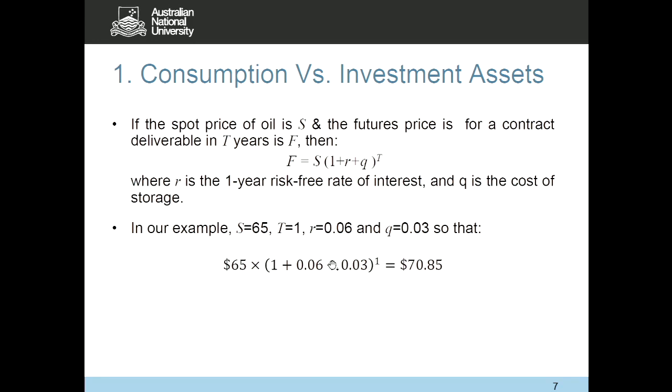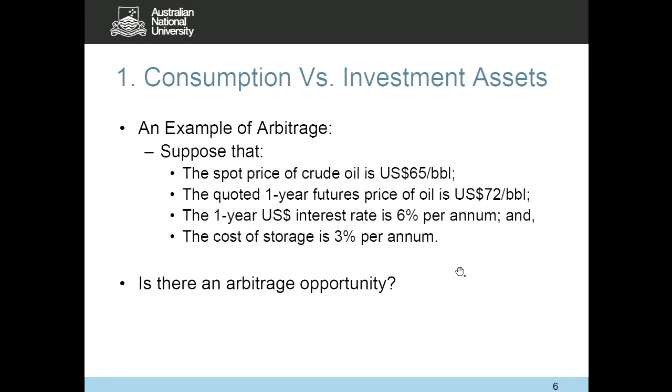Because that's 1 year later, we raise it to the power of 1, and it turns out the cost of carry is $70.85. In other words, the cost for us to replicate the outcome of that futures contract is lower than the quoted future price. It's lower than 72. So clearly there is an arbitrage profit there, right?